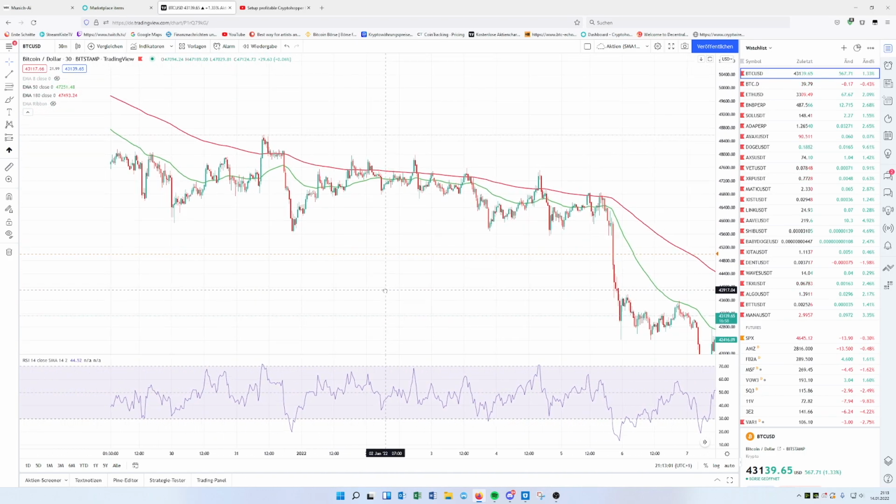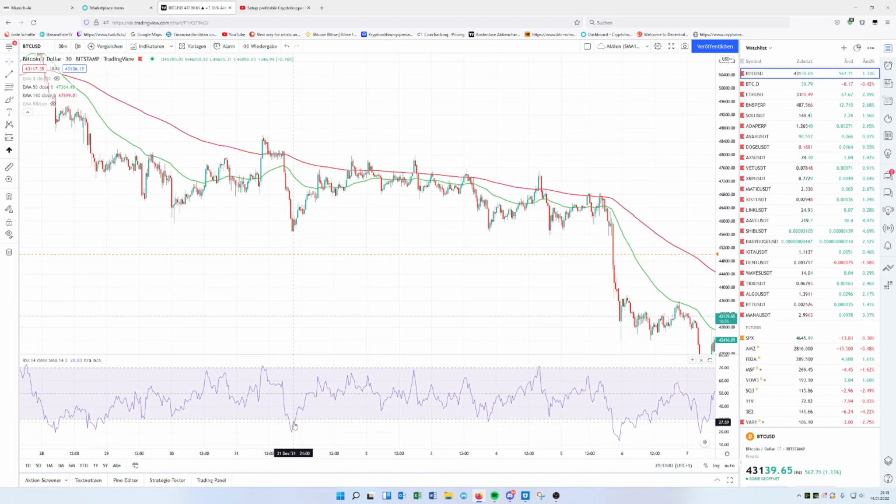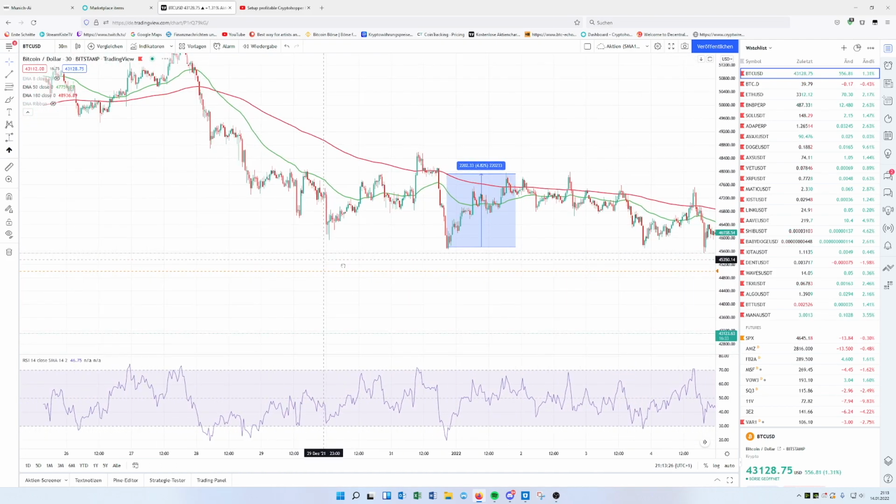The relative strength index is oversold when it's under 30. So if we had gone into this trade because the RSI says it's oversold, it's a buy signal, we just go up and would have made almost 5% profit.